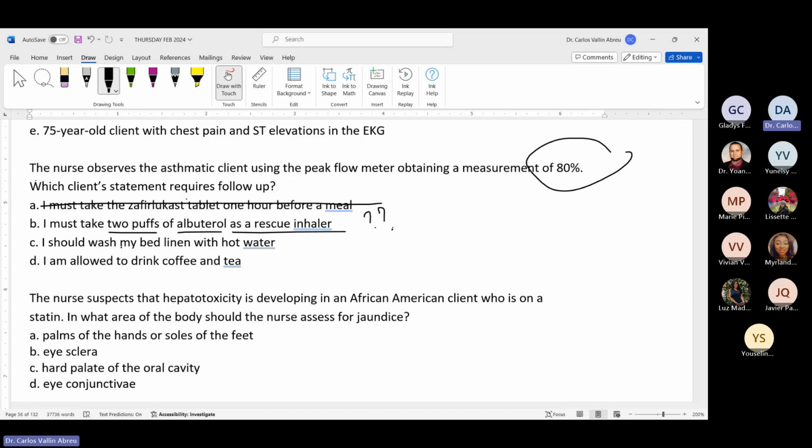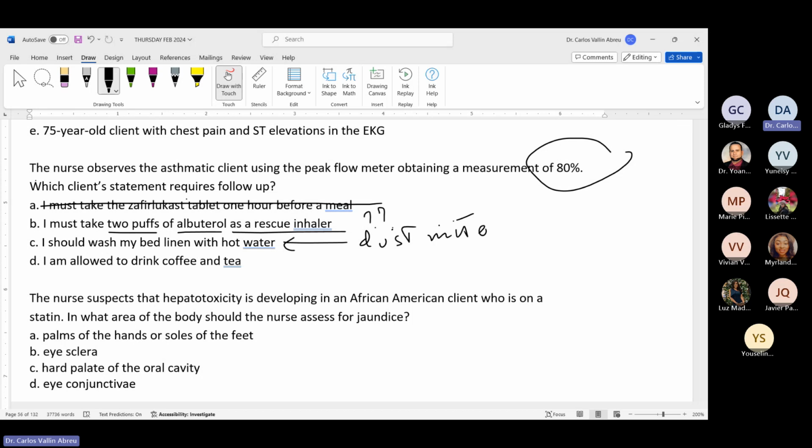I should wash my bed linen with hot water. Why must they do that? Because of the dust mite. The dust mite is a microscopic insect that tends to live in mattresses, pillows, and linen. It cannot be eliminated, but the amount can be minimized by frequently washing the bed linen with hot water and drying it in the hot cycle of the dryer.